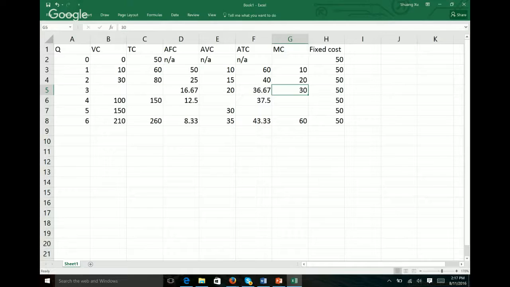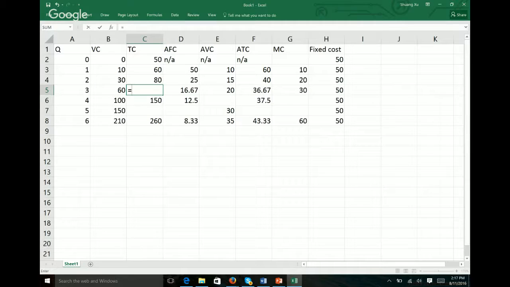And then next, let's do the third level, or 3 units. So for 3 units, we know our average variable cost. We don't know what the variable cost is. So the variable cost just equals your average variable cost times your quantity. So 60. And then your total cost, again, you can do it 2 ways.